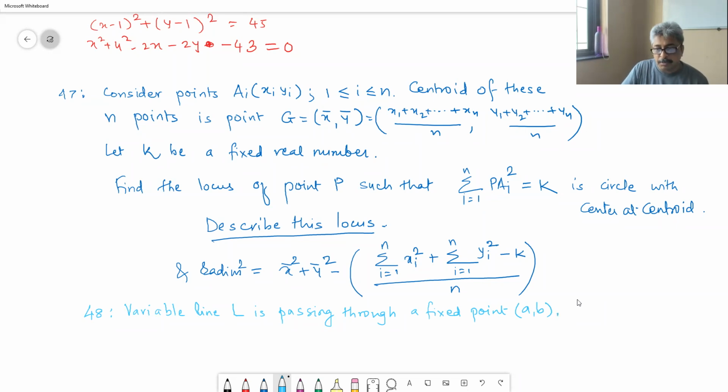The locus of the foot of perpendicular from another fixed point (C, D) is a circle.